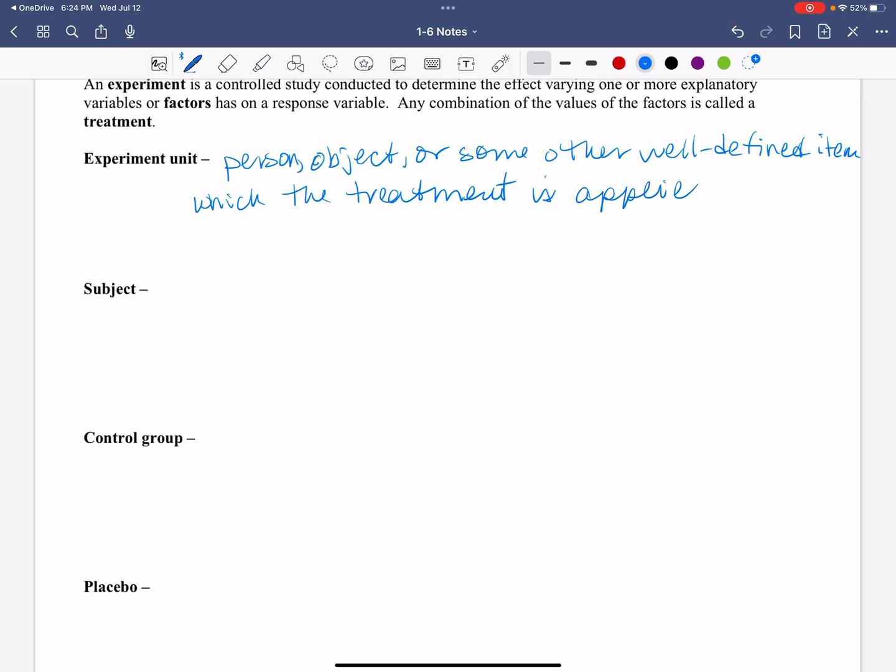So it doesn't have to be a person, just something that is a well-defined item, whatever it is that I'm working with, and that I'm going to put through the treatment. So whatever it is that you're doing the experiment on, that is your experimental unit. If you have a subject, that's where the experimental unit is a person.